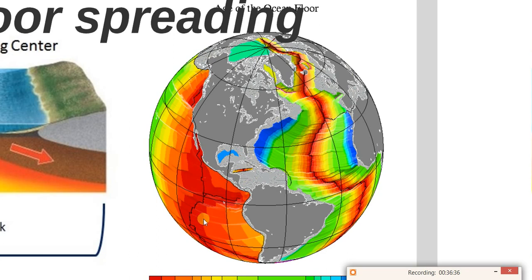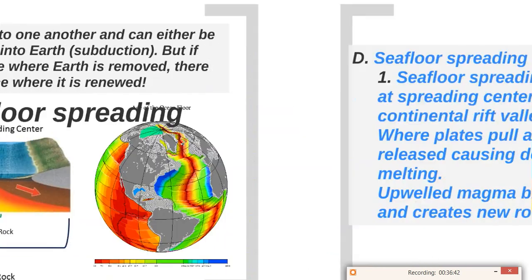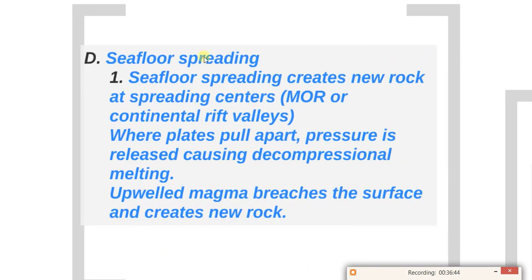So seafloor spreading, let's note what that is. Seafloor spreading, basically it creates new rock at spreading centers, or MORs, we like to call it in geology. MOR stands for mid-ocean ridge. Or also continental rift valleys. So very rarely, we'll actually have a spreading center start to appear in the middle of a continent.